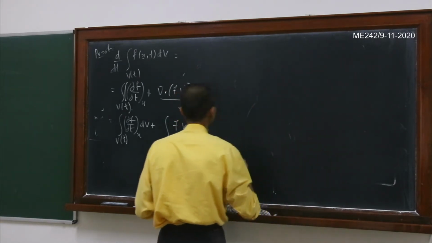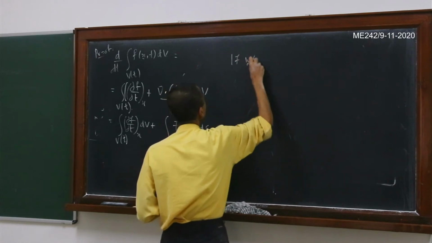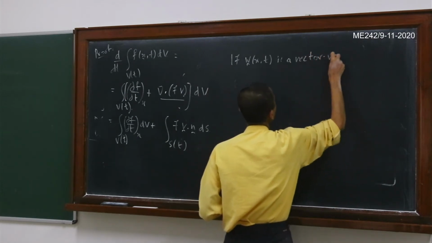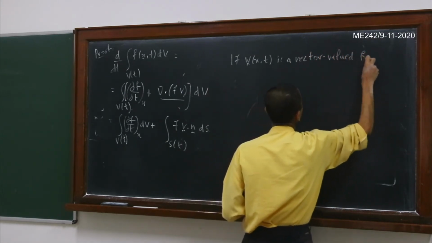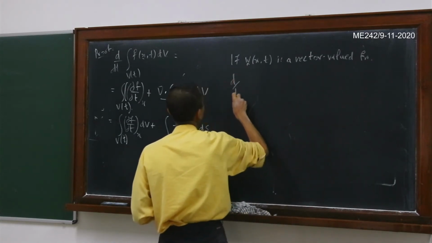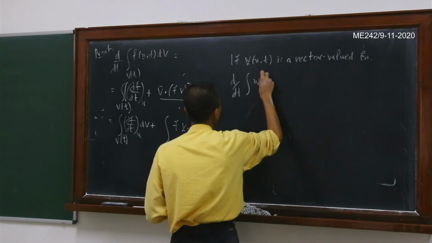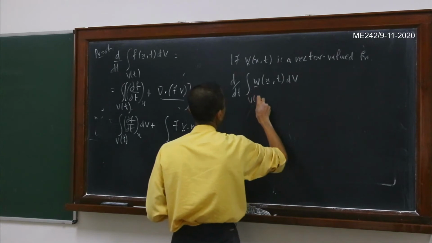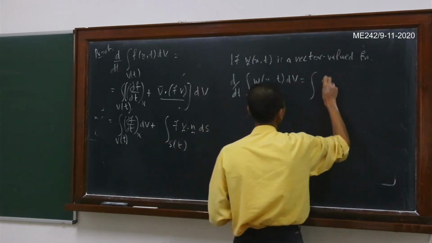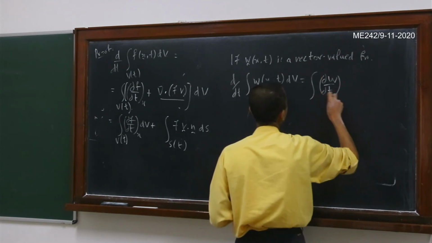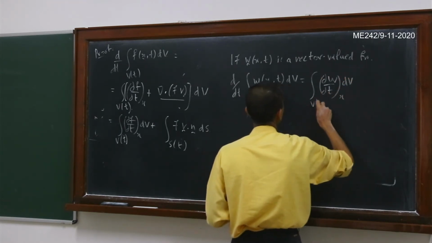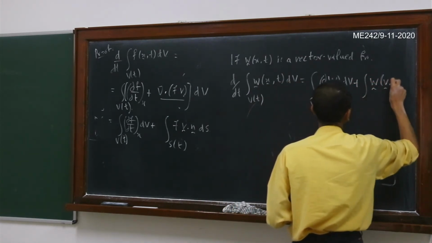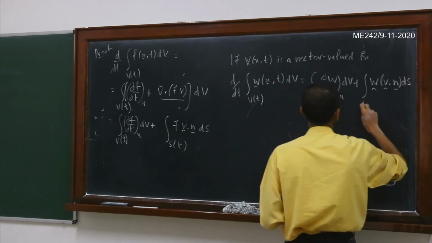So if w of x and t is a vector valued function, then d by dt of the integral of w of x comma t dv over v of t is equal to the integral of del w by del t, keeping x fixed, dv over v of t plus the integral of w times v dot n ds over s of t.